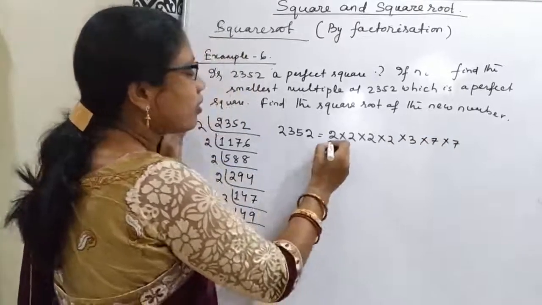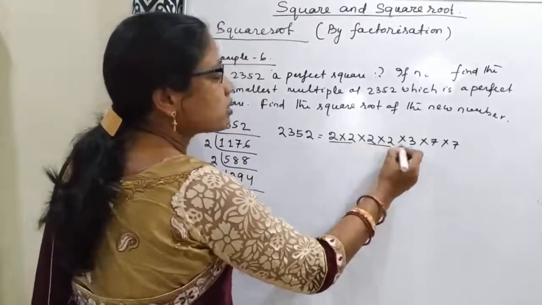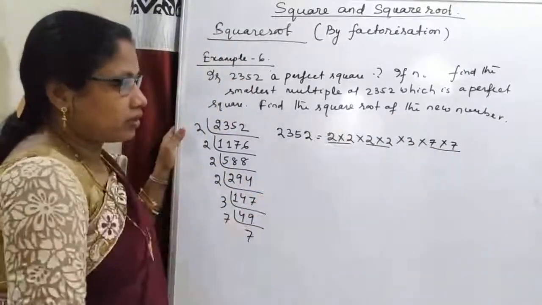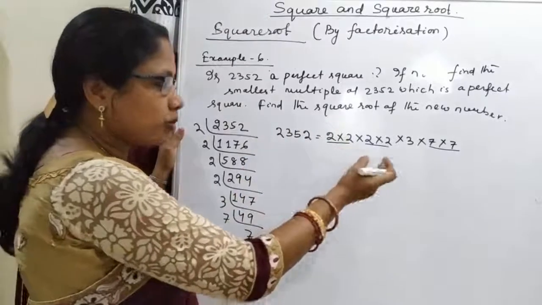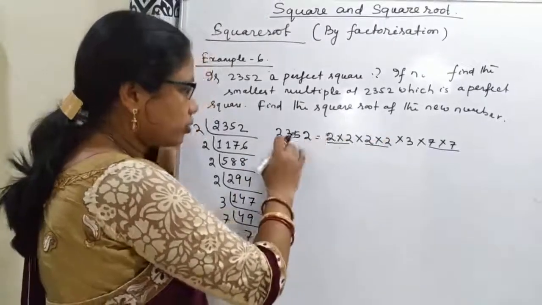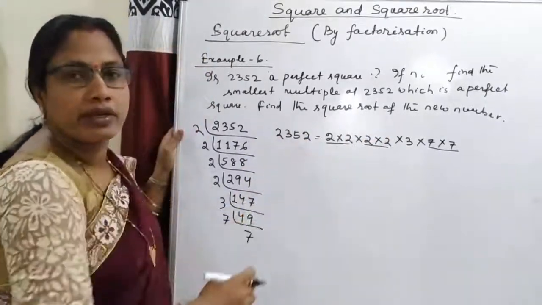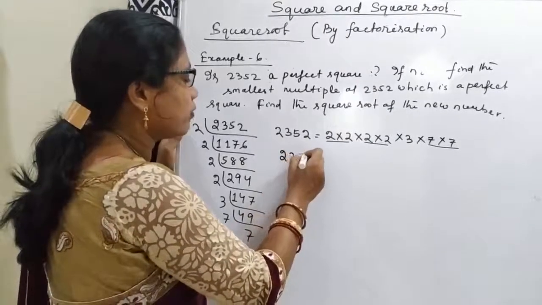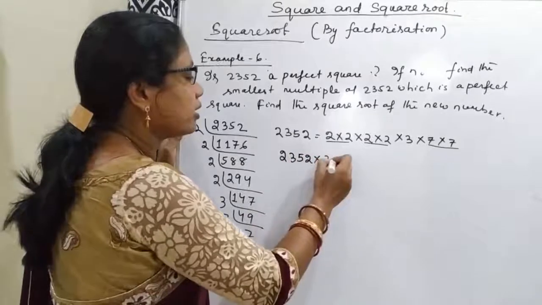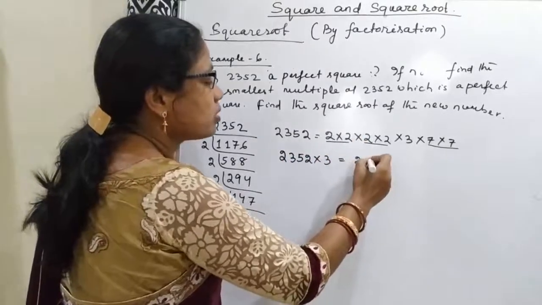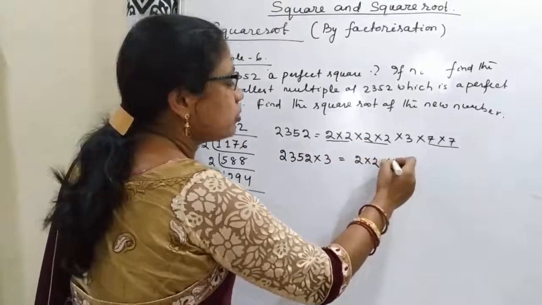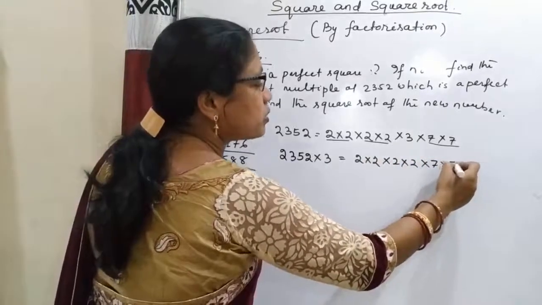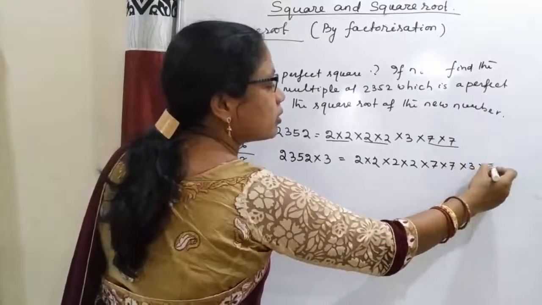So if I pair all these, then only 3 is left. So another 3 should be multiplied with 2352 to make it a perfect square. So if we multiply 2352 by 3, then this becomes 2 multiplied with 2, 2 multiplied with 2, then 7 multiplied with 7, 3 multiplied with 3.